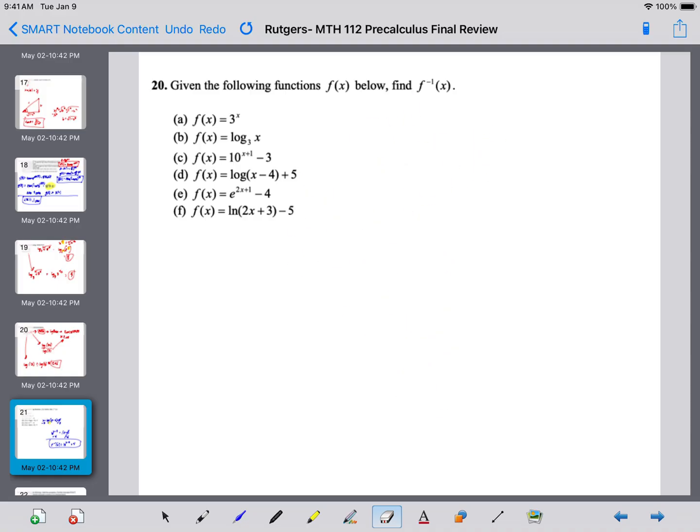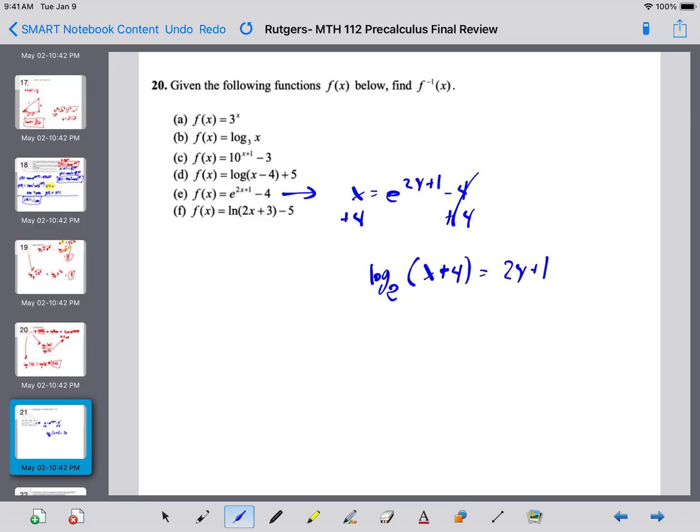Now for question E. We have to switch the x and the y still. So x equals e to the 2y plus 1, minus 4. You have to isolate the base first in order to use log. Now you have log base e of x plus 4 equals the exponent 2y plus 1.